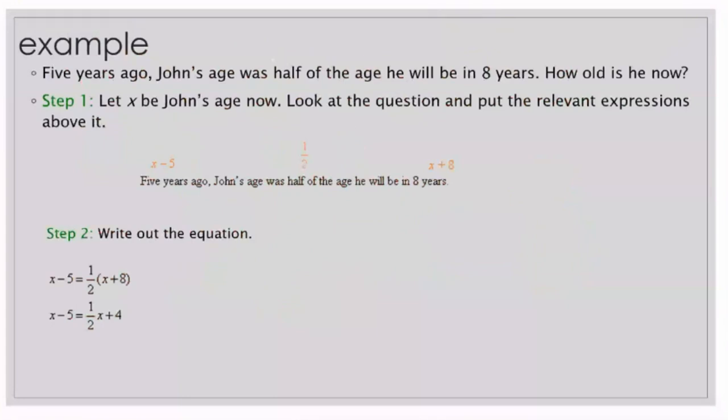Here is another one. We're saying now, 5 years ago, just speaking in your own language. 5 years ago is in the past, is in the negative, it is subtracting. Ago, you are past that. So you already know when you've got 5 years ago, it is something that has passed, it is minus. You are thinking of an operation of negative. John's age: John was half the age he will be in 8 years.